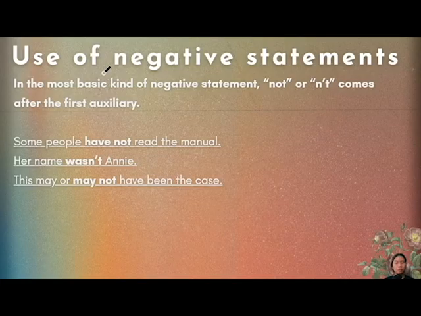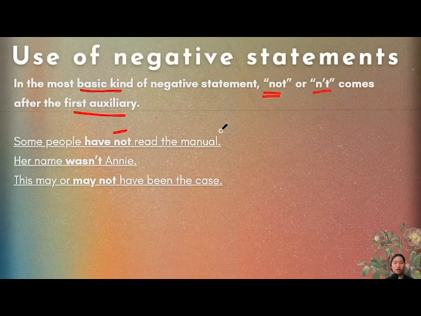Negative statements in the most basic kind involve not or this suffix that you attach to the first auxiliary. Some people have not read the manual, so not here. The opposite of this, which is just a statement: some people have read the manual.